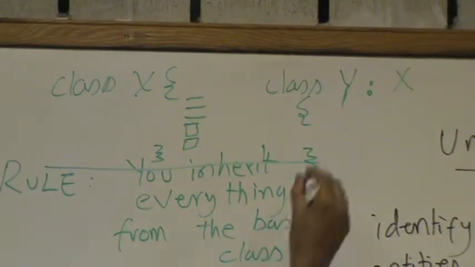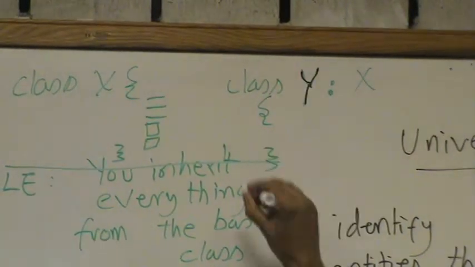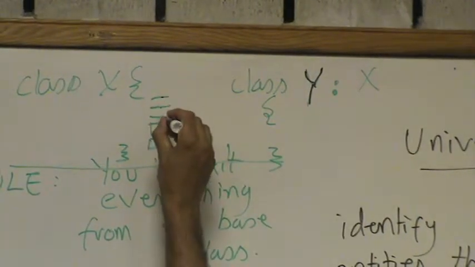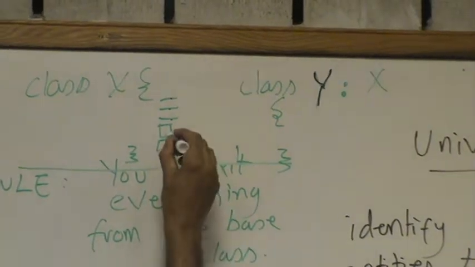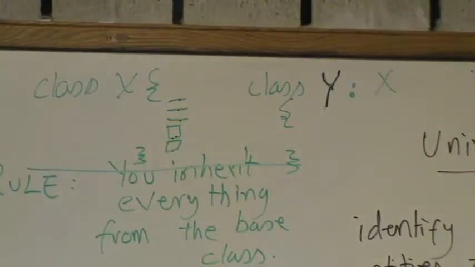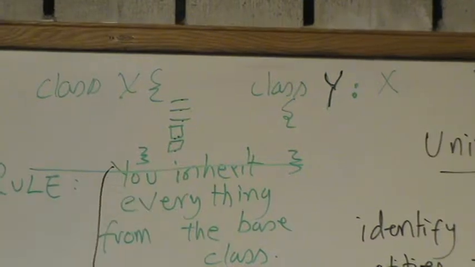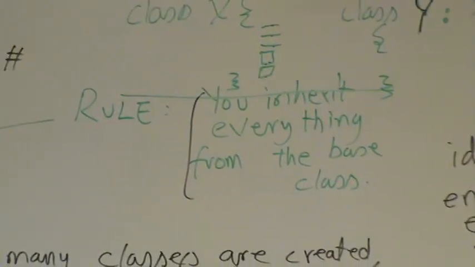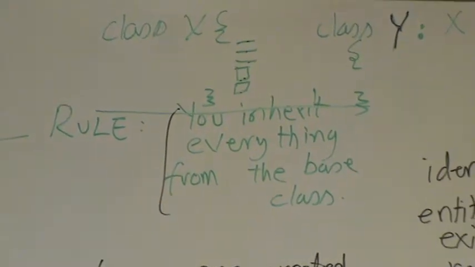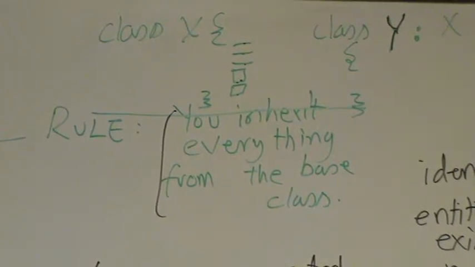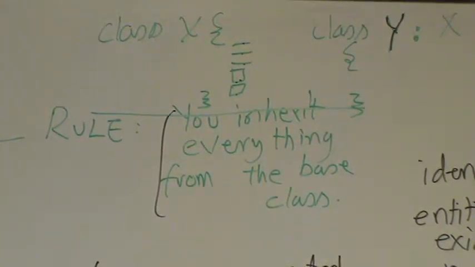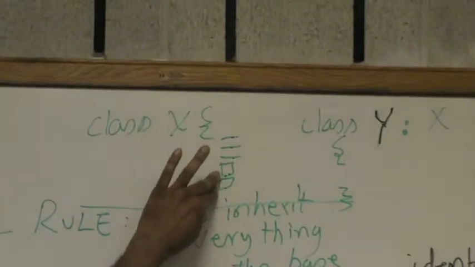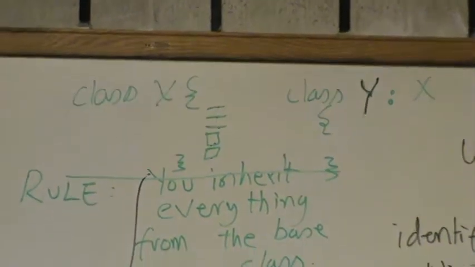Okay, as far as class Y is concerned, will it have these 3 fields? Yes. Will it have these 2 methods? Yes. And that's what I meant. You inherit everything. So if you have X number of fields, you will inherit those. You have Y number of methods, you will inherit those, right? So you inherit, in this example, the 3 fields, 2 methods will all be available over here.